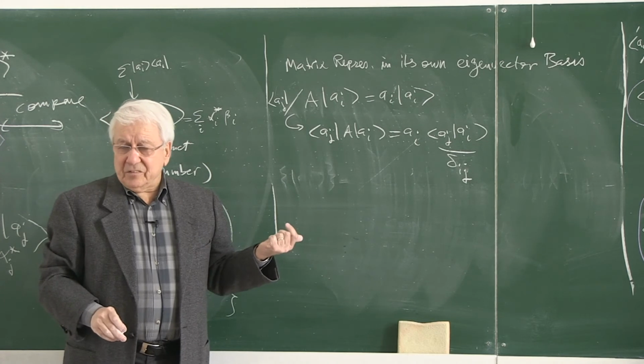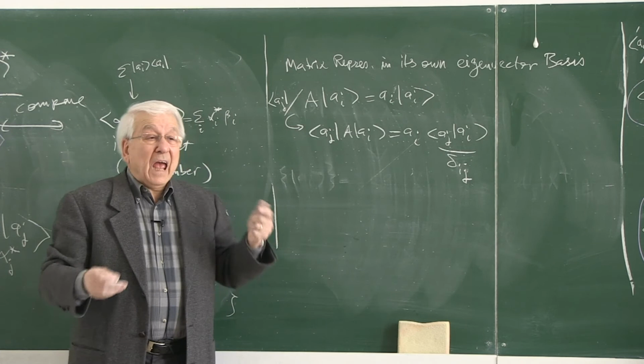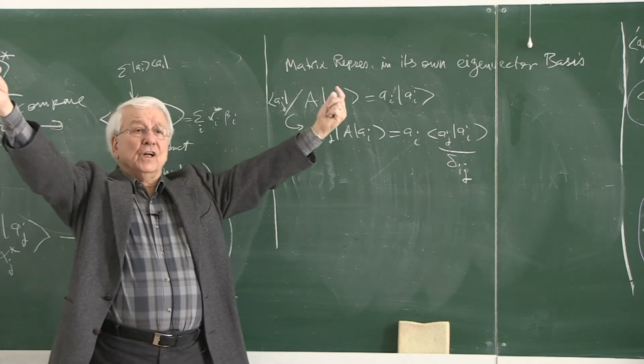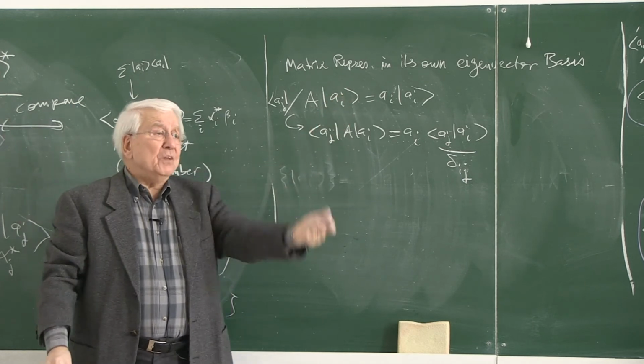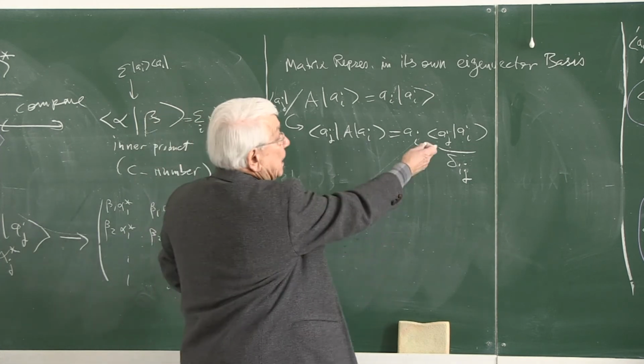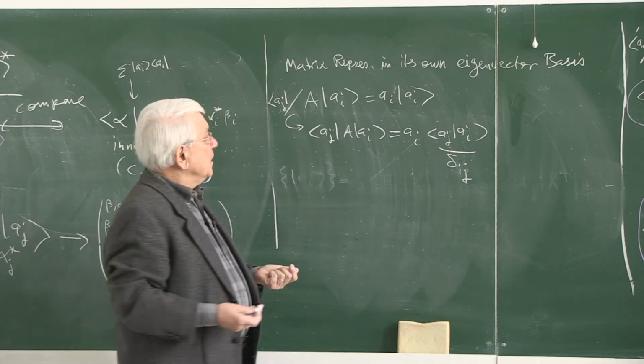So tacitly, I am assuming that it's a Hermitian operator. A is reserved for the observables, which are Hermitian operators. X is reserved for general operators. So whenever I don't even specify it explicitly, think that I'm using a Hermitian operator. Otherwise I wouldn't be able to write this, right? The orthonormality property. So what do I have?